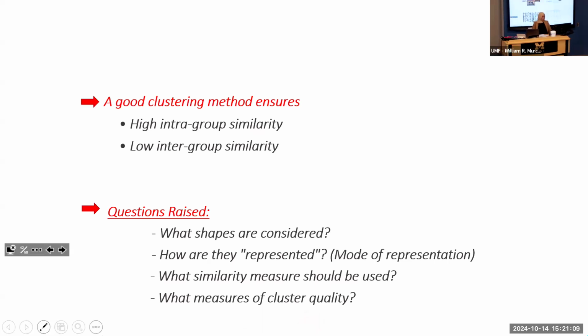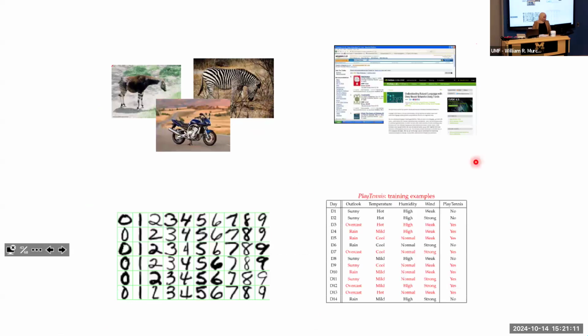Okay, so this is an example that may motivate you. For example, if I have in the net images, I can search, I can cluster the existing information on the net given its type.